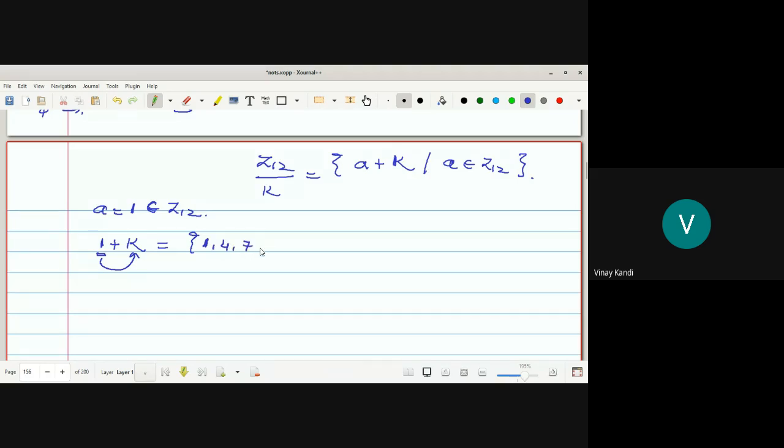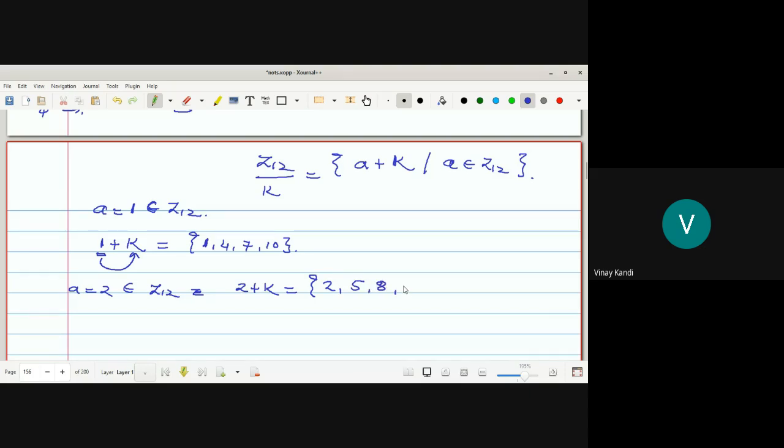Now if a is equal to 2, which belongs to Z12, then 2 plus K is equal to 2, 5, 8, 11.